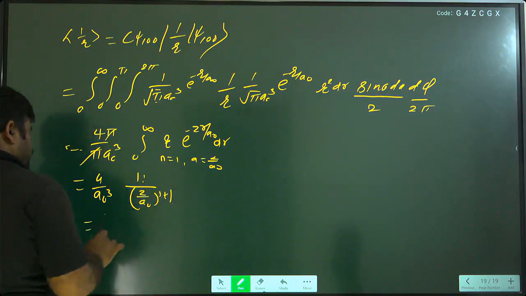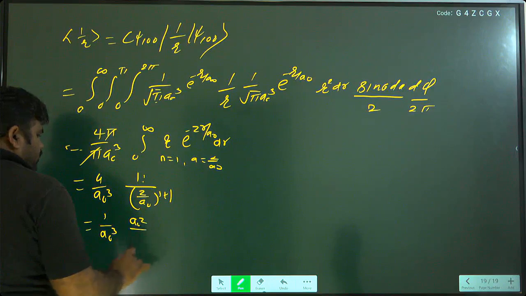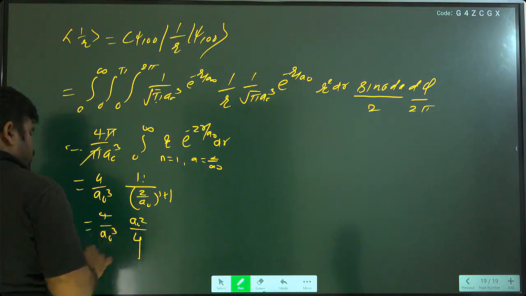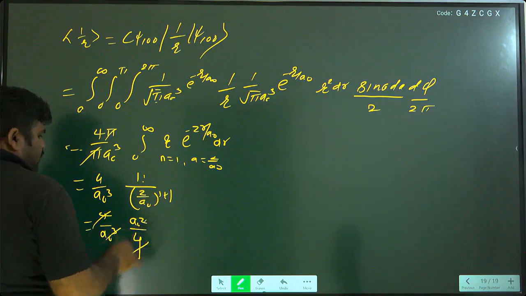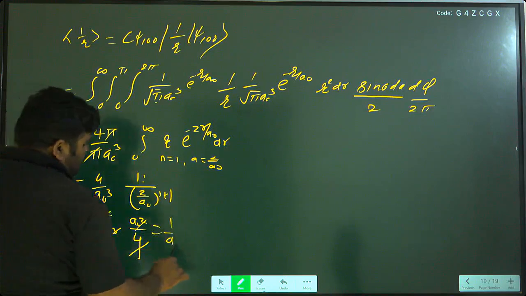And this is equal to how much? a naught cube into a naught square upon 4. 4, 4 get cancelled. 1 a naught square gets cancelled.